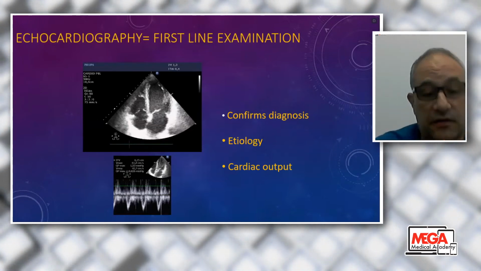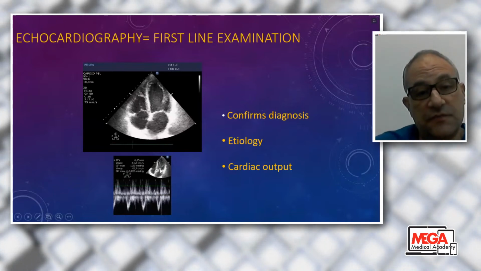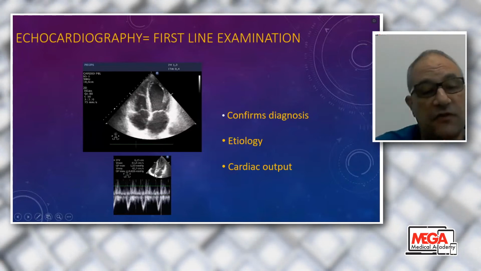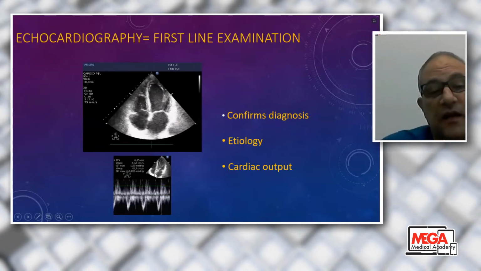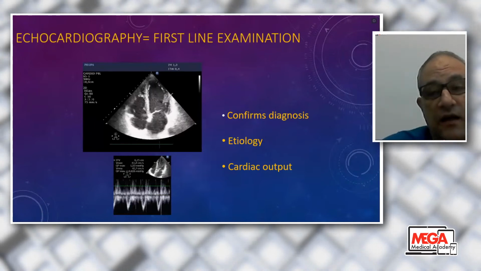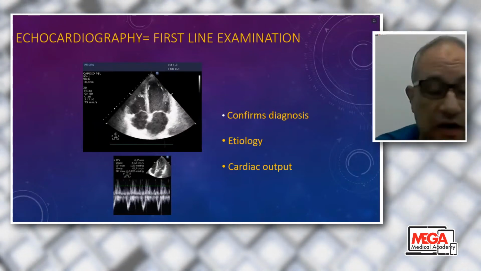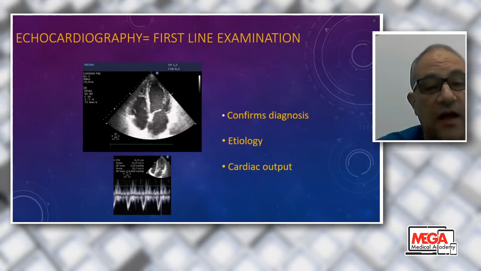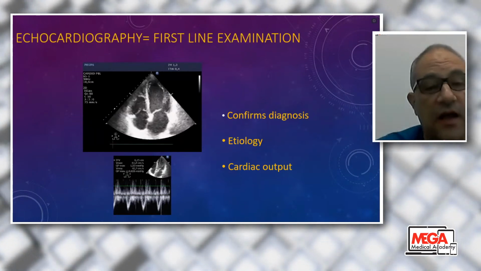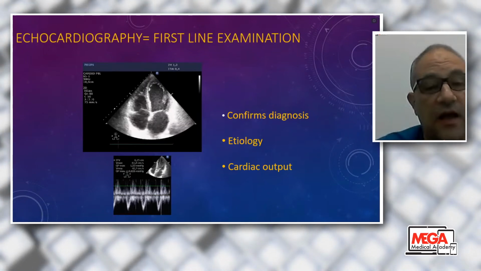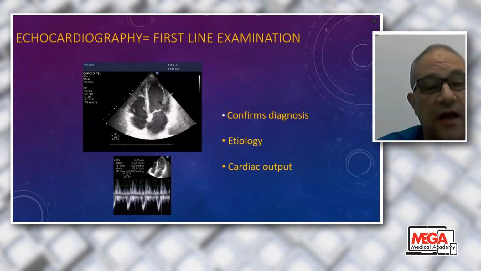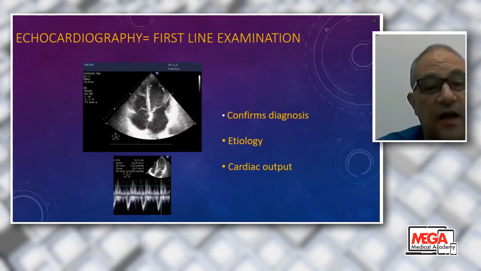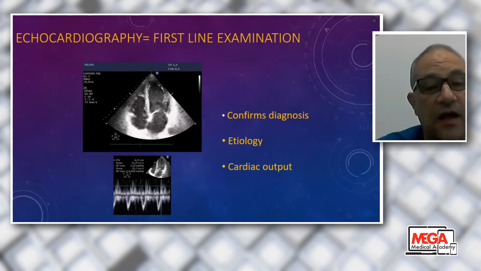I can apply, as you see downstairs, pulse wave Doppler across the aortic valve and LVOT, and have the Doppler blood flow across the aortic valve over the cardiac cycle.